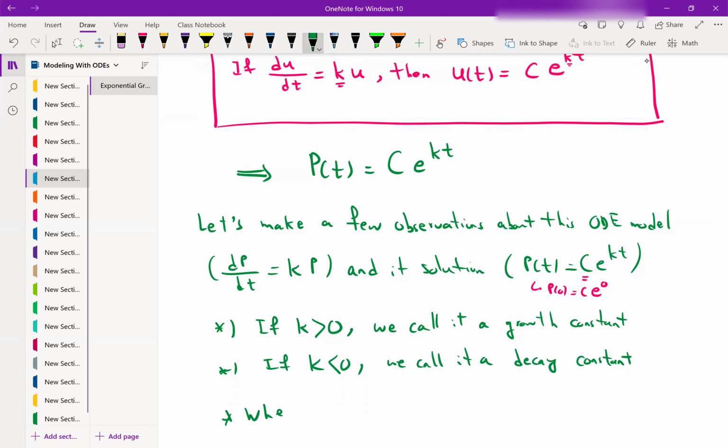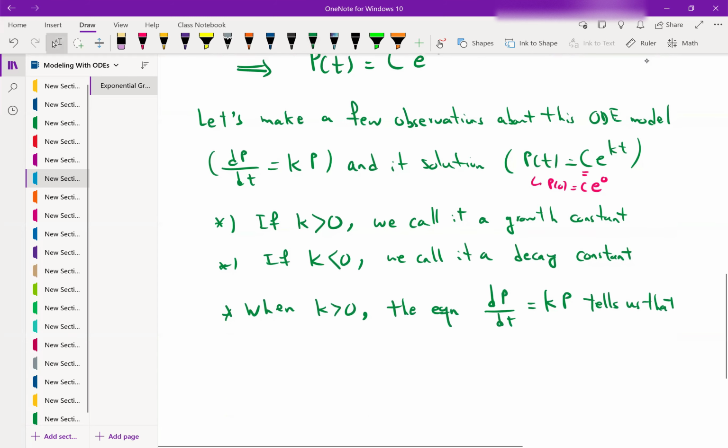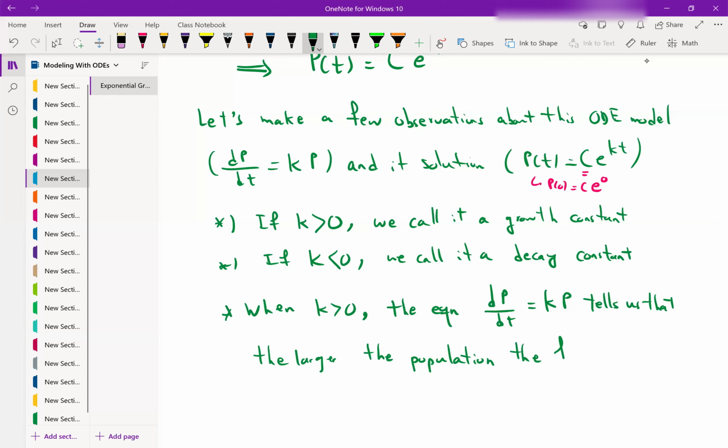When k is greater than zero, the equation dP/dt equals kP tells us that the larger the population, the larger the current population is, the faster it grows, because the rate of change is equal to k times the current population.